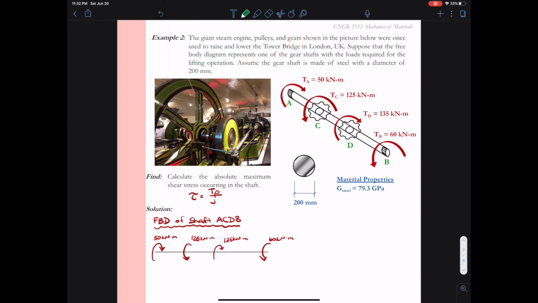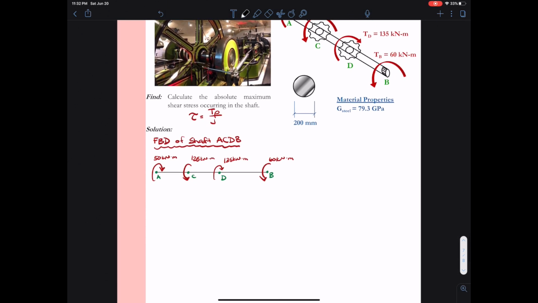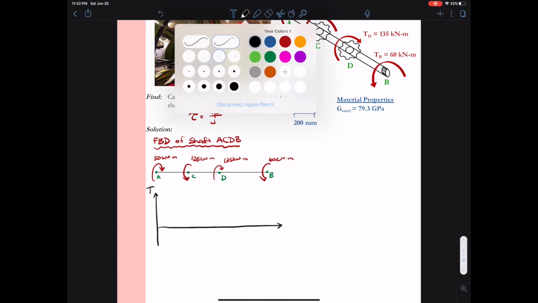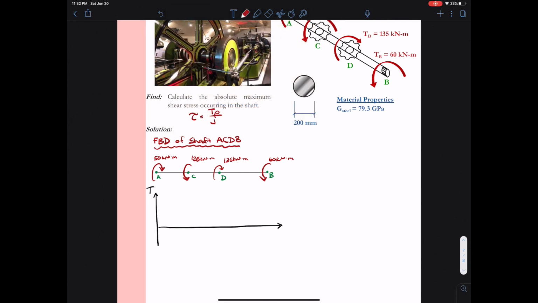So again, I'm simply just going to follow my rules. My rules say that clockwise applied torques cause a jump up in my torque diagram, and counterclockwise torques cause a jump down. And so drawing my torque diagram, I will start at 0. I have a clockwise 50 kilonewton meters torque, so that causes me to jump from 0 up to 50.